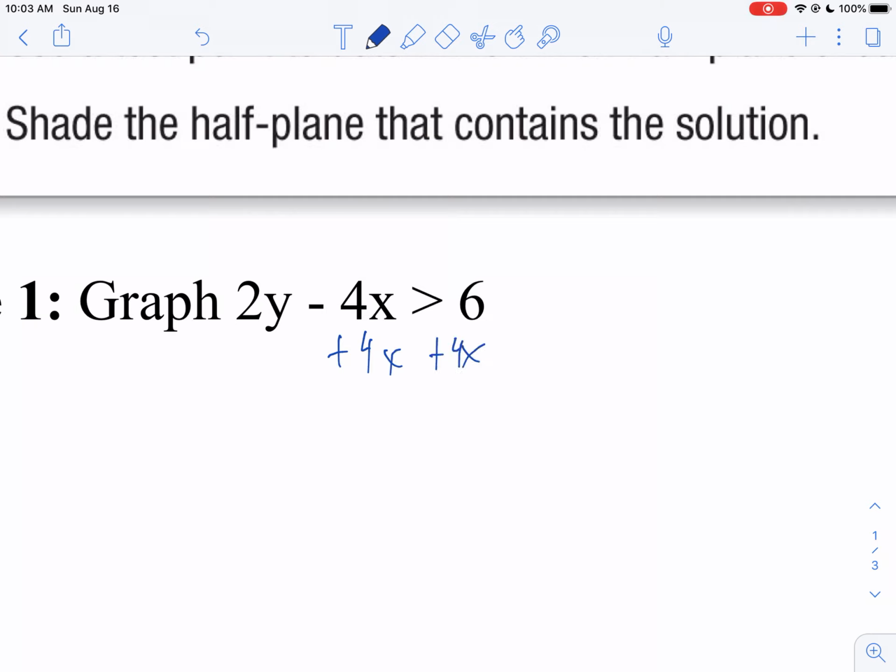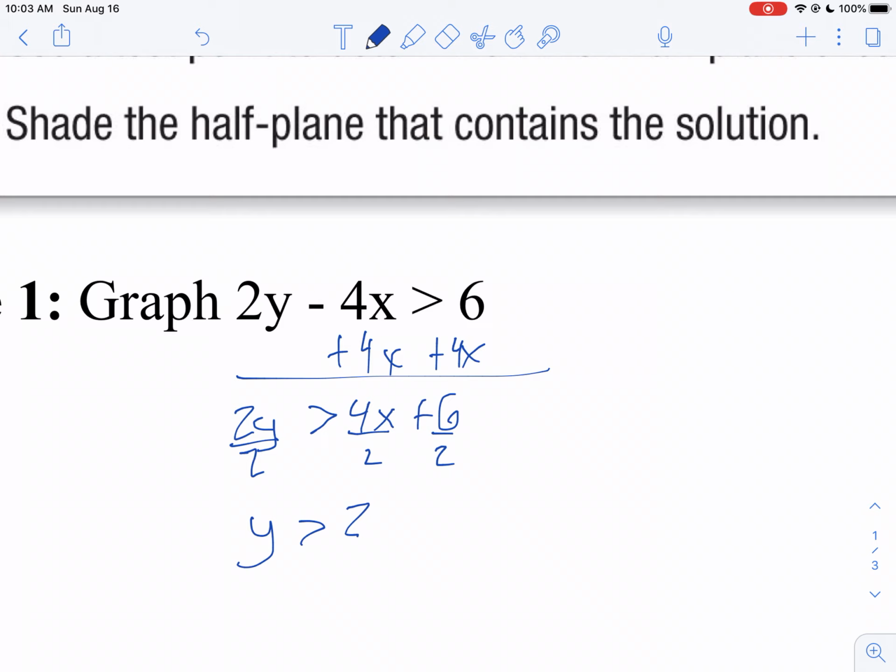And notice there's no x on the 6, so I can't combine them. So I get 2y is greater than 4x plus 6. Now I'll divide every single term by 2. Y is greater than 2x plus 3.